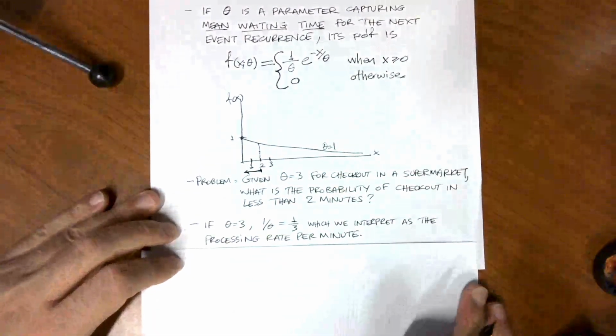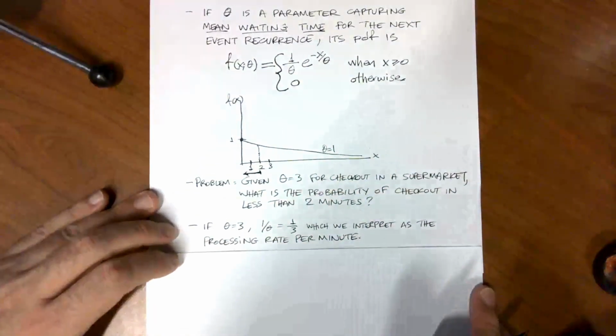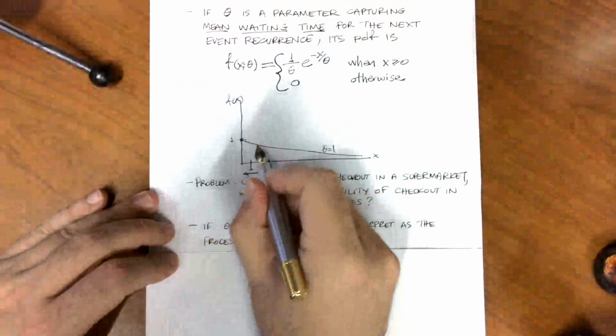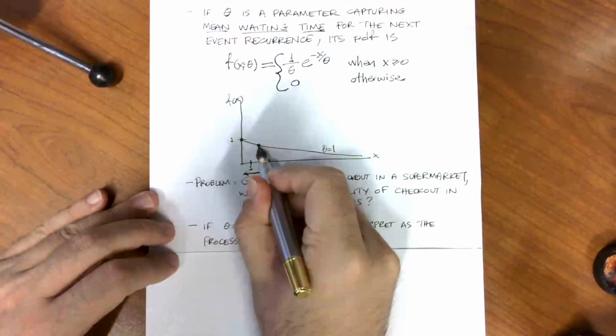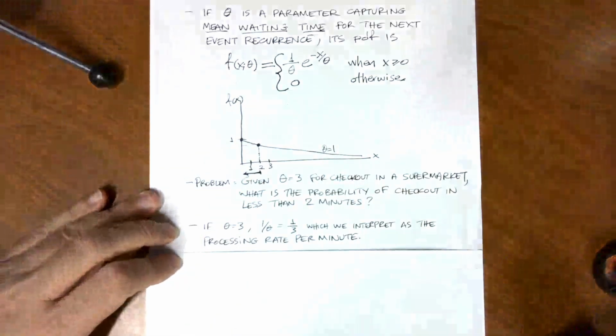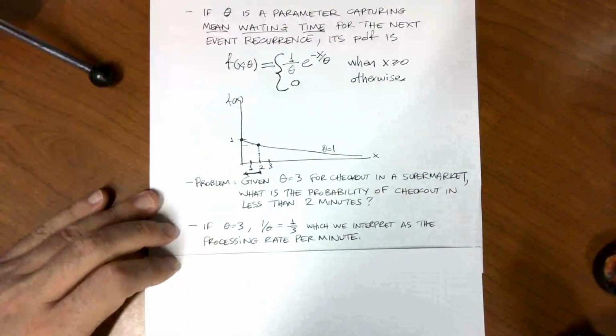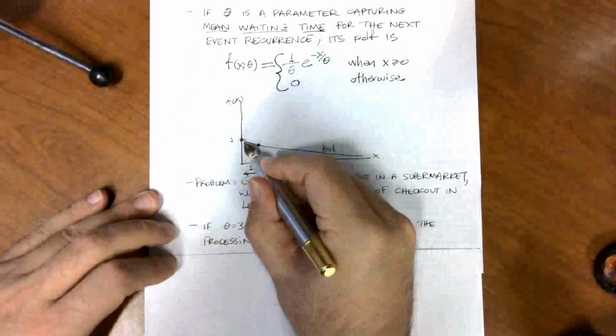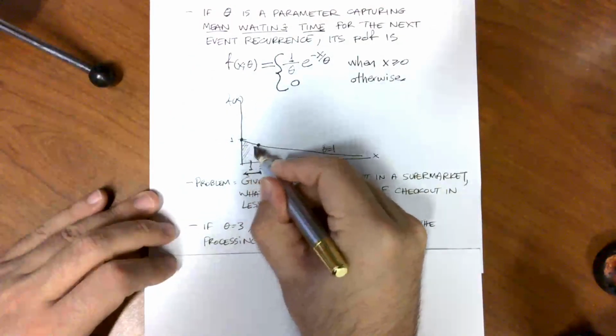So what we've said before is that in this continuous random variable case, the height of the probability density function is not going to give you a probability value. It's simply going to give you this idea of density. What you do get the probability value from is by calculating the area underneath the curve, right?